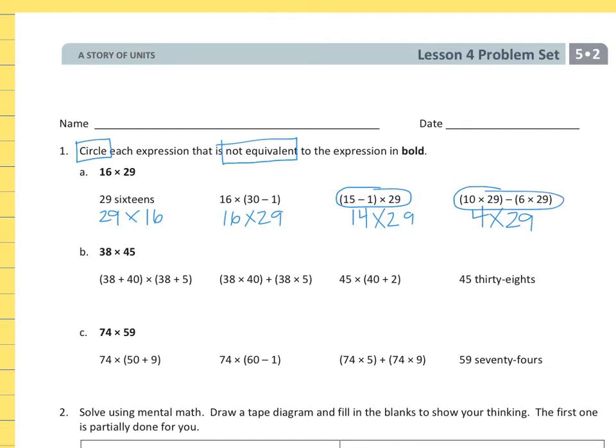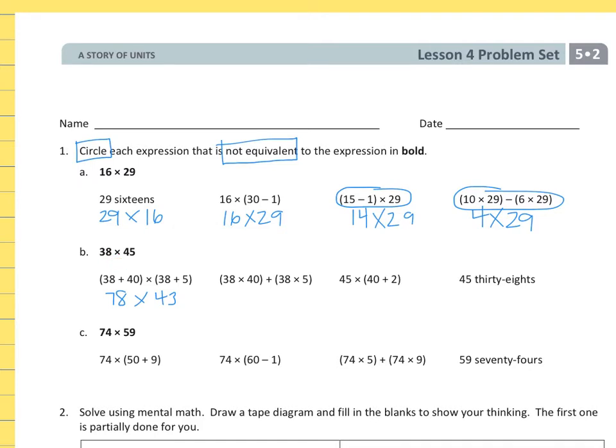So 1b, the first one, we have 38 plus 40 times 38 plus 5. If we quickly added the 38 plus the 40, that would give us 78. And then if we added the 38 plus the 5, that would give us 43. And so you can see that 78 times 43 is not anything like this.